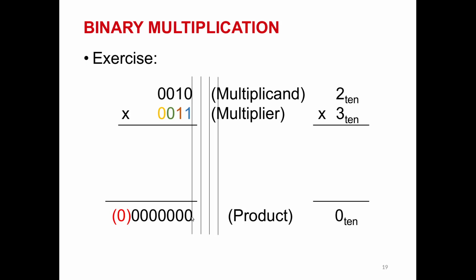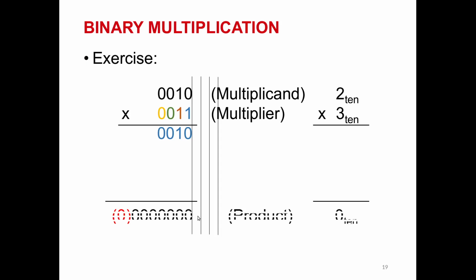So now we will do our multiplication. At first we take this value 1 multiplied with this multiplicand, and we have this value, and we add this value together with our product and immediately shift the product one bit to the right.